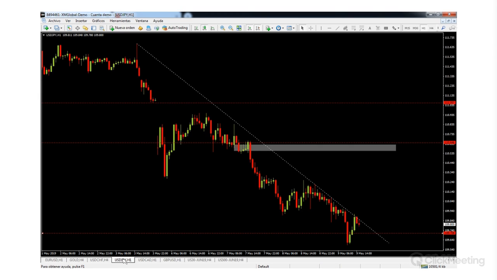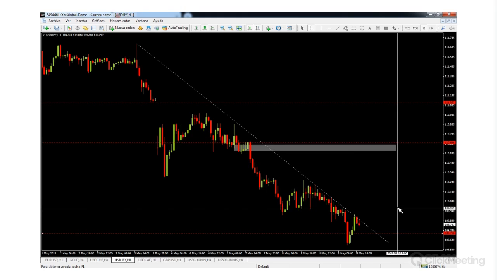Now, this is the US dollar Japanese yen, and again, this is a free signal that I'm giving you guys. But I'm going to repeat the rules. If we break above, this is a buy stop at the 109.97 level. If we break above, we are going to get filled.